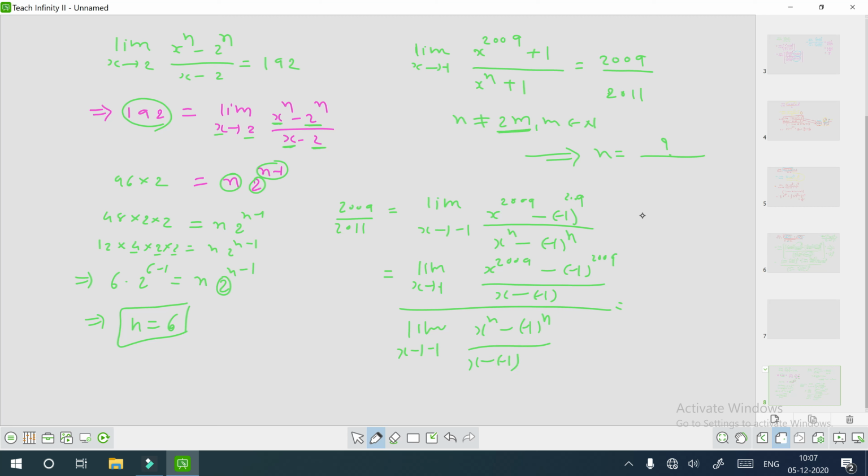So that is equal to 2009 into (-1) raised to 2008 over n into (-1) raised to n minus 1. Here we get 2009 and here we get n. Why? n is odd. So n minus 1 is even.